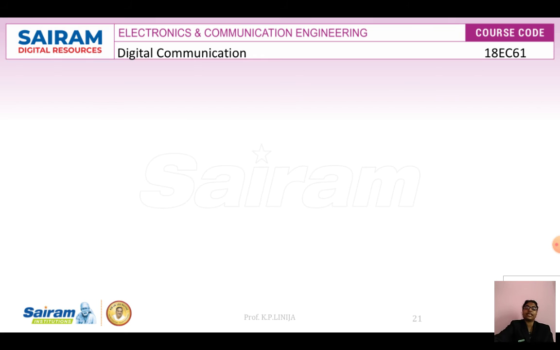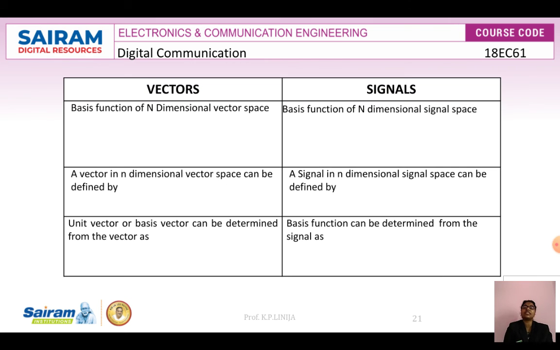Followed by that, we consider the basis functions of an n-dimensional vector space for the vectors, as well as the basis functions of an n-dimensional signal space. In the vector space, recall what we have analyzed just now: phi i comma phi j is equal to 0 when i is not equal to j. That is called the orthogonality property.